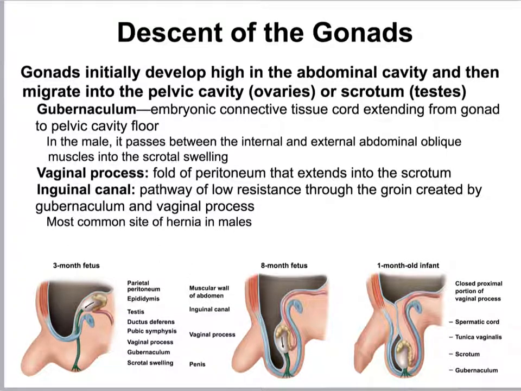So in males, the testes develop just exactly where the ovaries do at the beginning, and at around 8 months, typically, the testes will descend through a tube into the scrotum.